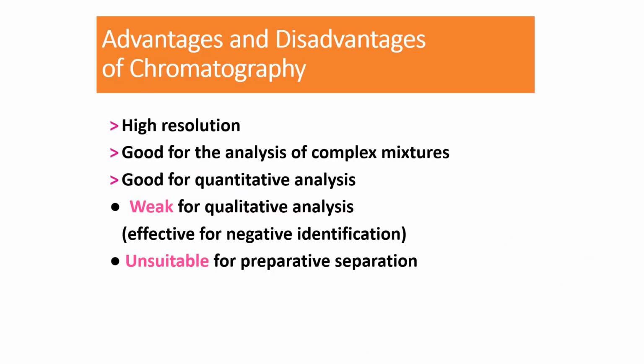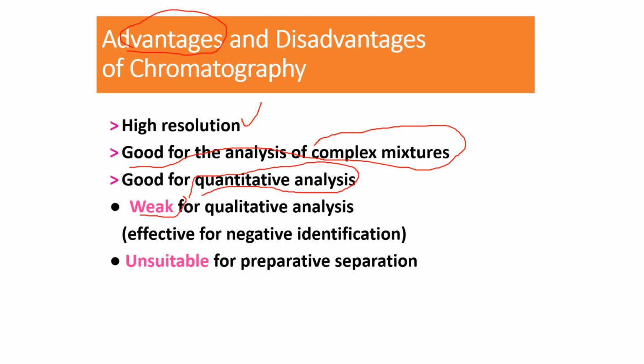So we come to the final parts of the introduction of chromatography. The advantage of chromatography is high resolution if you optimize the parameters, and good analysis for complex mixtures because it can separate, and good for quantitative analysis, you can calculate. But without the standard solution that you bought from the chemical company, you cannot get proper identification unless you have MS. If you have MS with the library, you can identify.